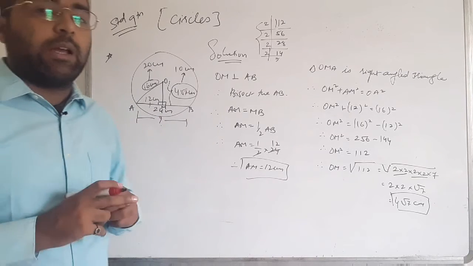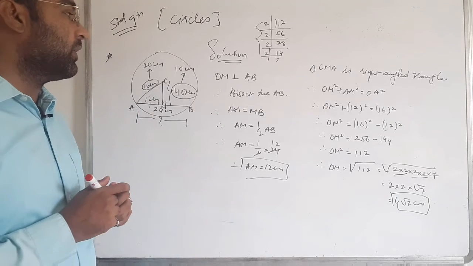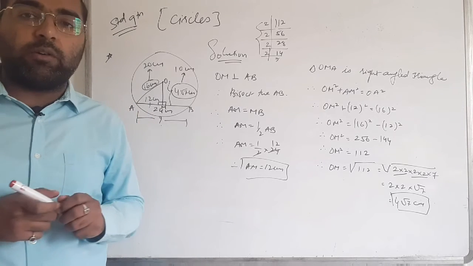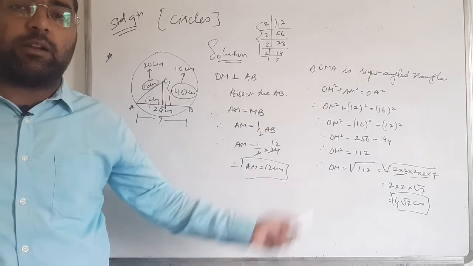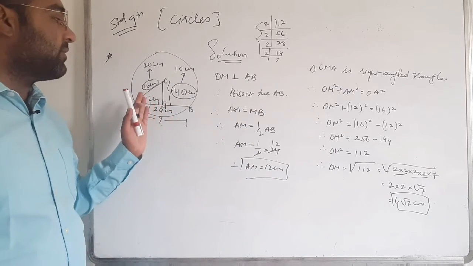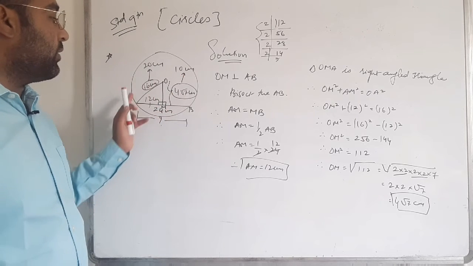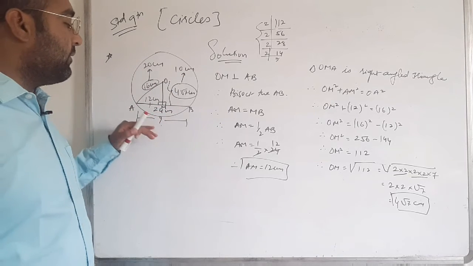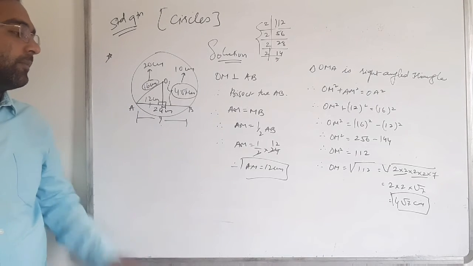Okay, so guys, first of all do it yourself. If you are clear about this kind of sum, then you have to do the next question also, where OM is 10 and OA is 20, and we need to find the length of AB. Okay, so you can do that also.